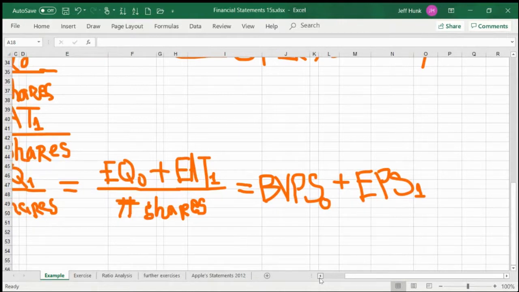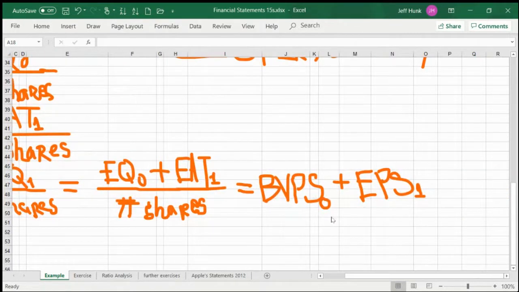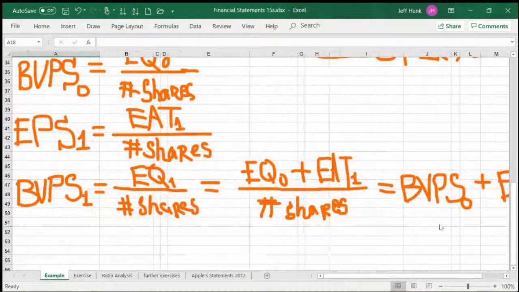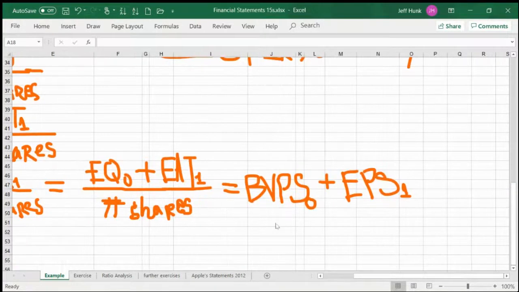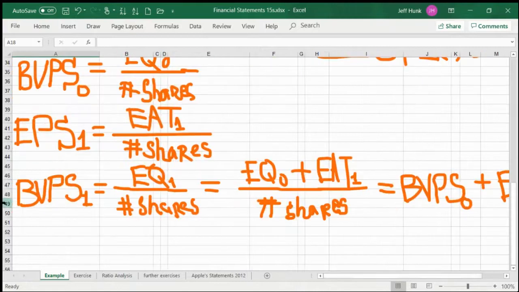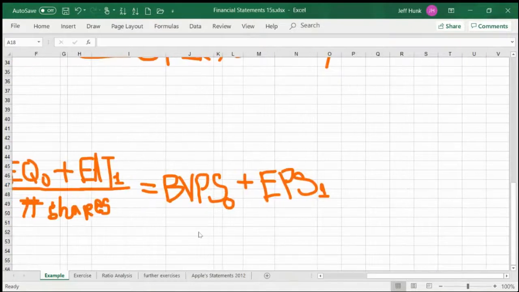If you bought that stock at time 0, and 1 year later at time 1 you want to sell it, then whatever you paid at the time, the stock price at time 1 will exactly be greater than book value per share at time 0 by earnings per share.